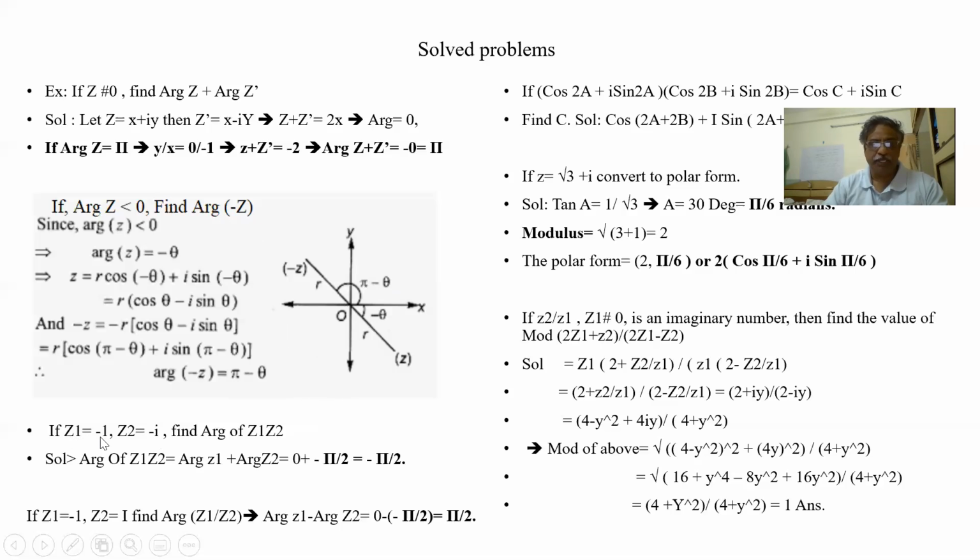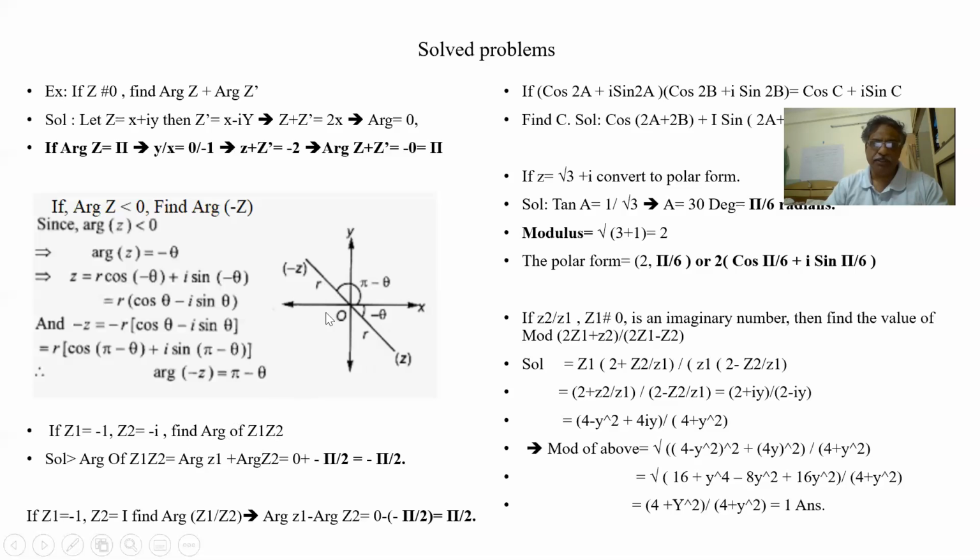If z1 is minus 1 and z2 is minus i, z1 is minus 1 means there is an arrow here up to 1, and z2 is minus i here. Find the arg of z1 z2. This is z1, this is z2. Arg of z1 z2 is theta 1 plus theta 2.